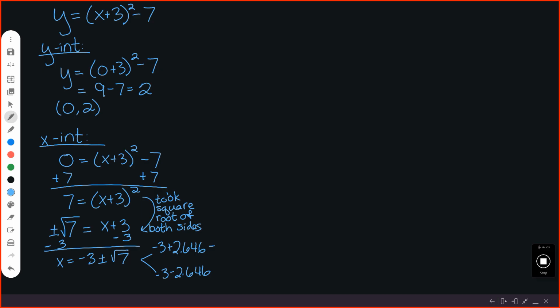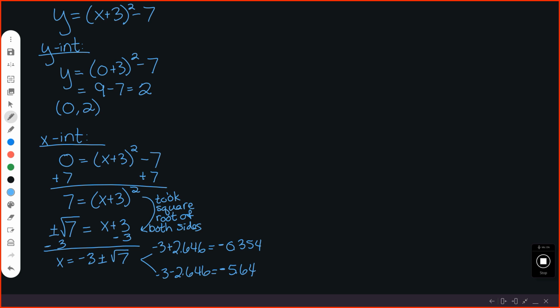This one is equal to -0.354, and this one is equal to -5.646.